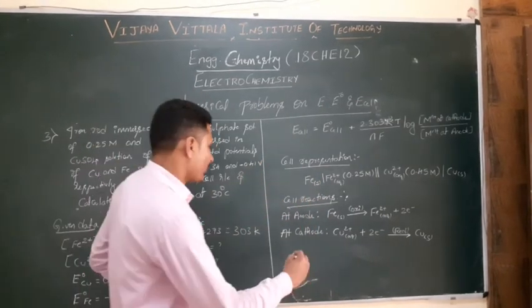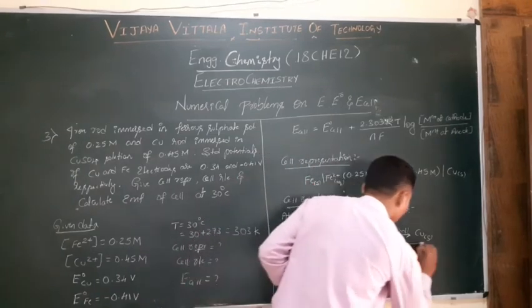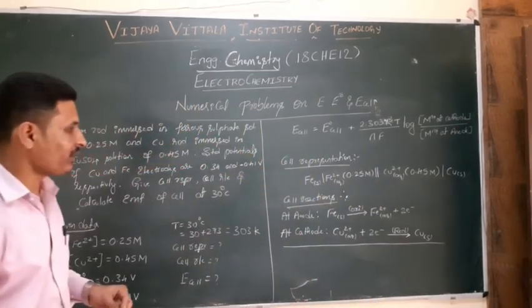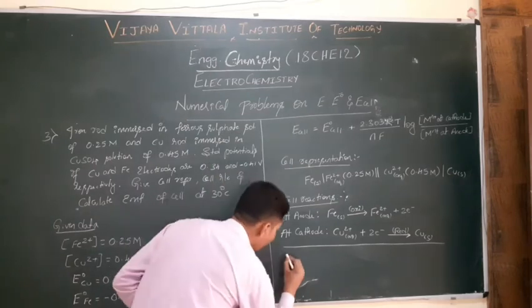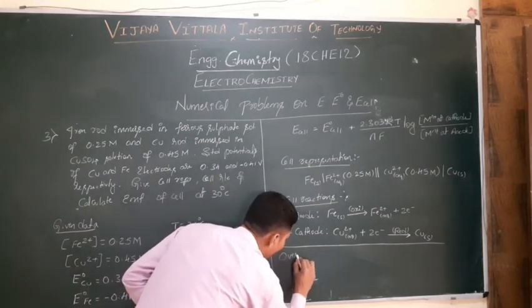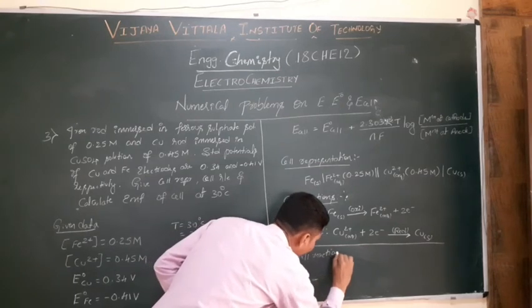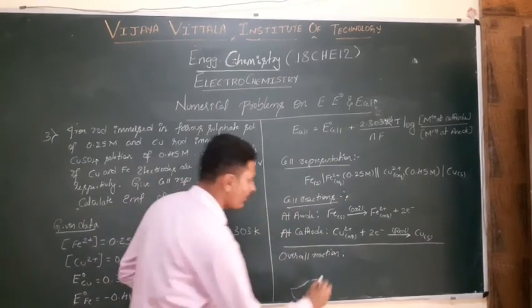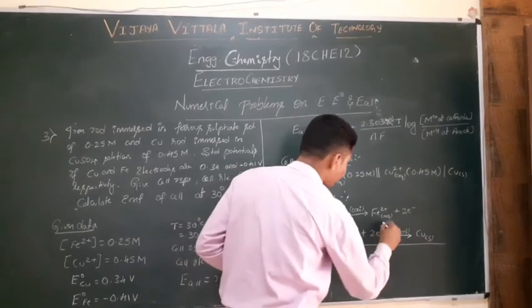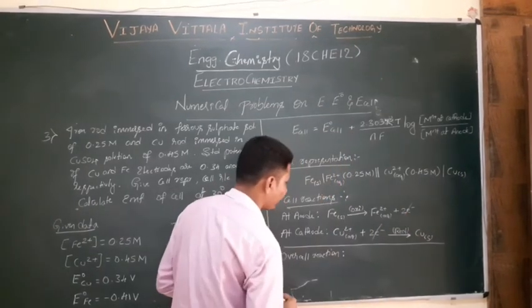Okay. So now we need to write the cell reaction, or net cell reaction, or overall reaction. How do we write the overall reaction? Here the electrons get cancelled.